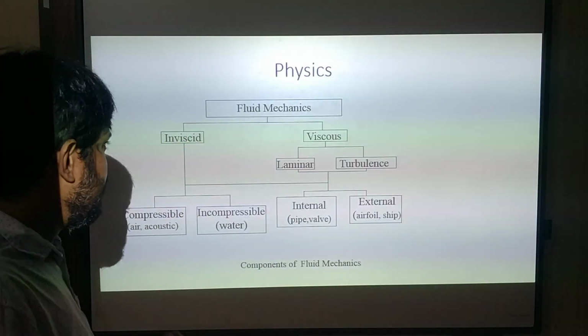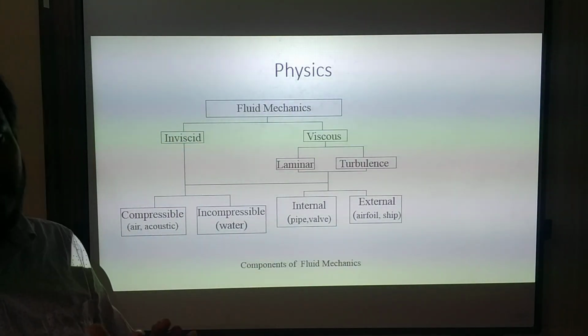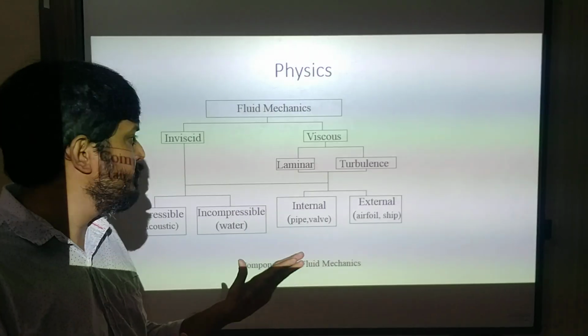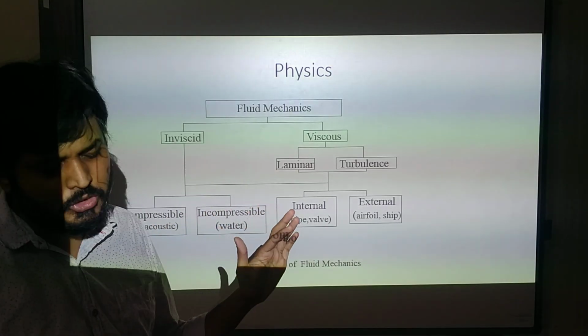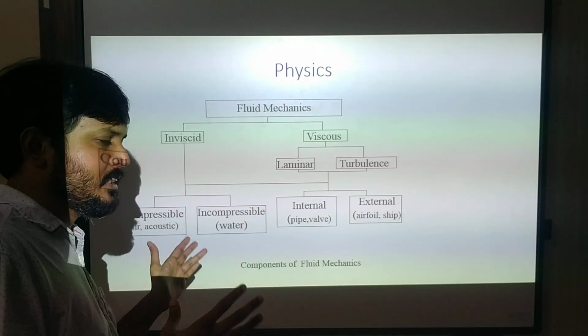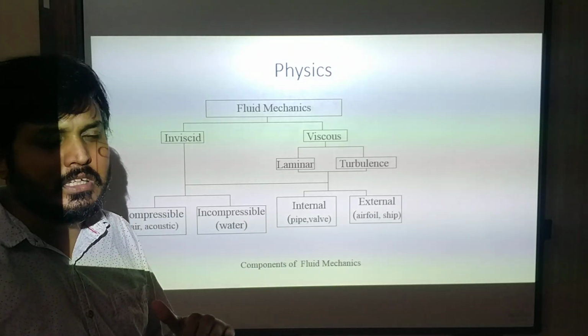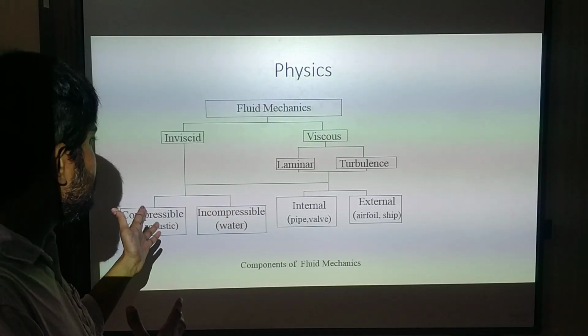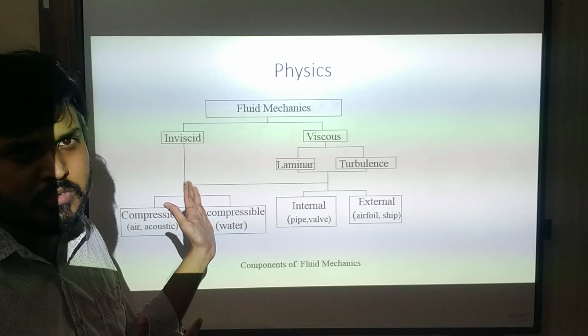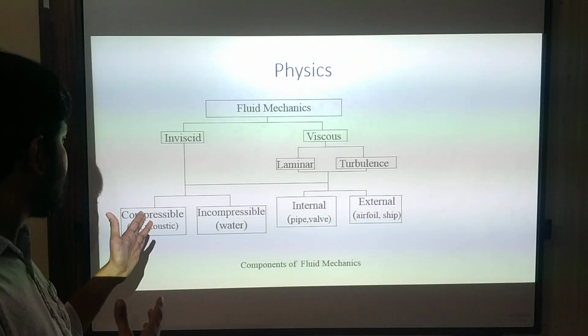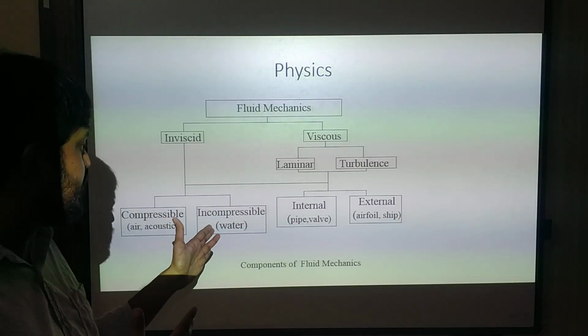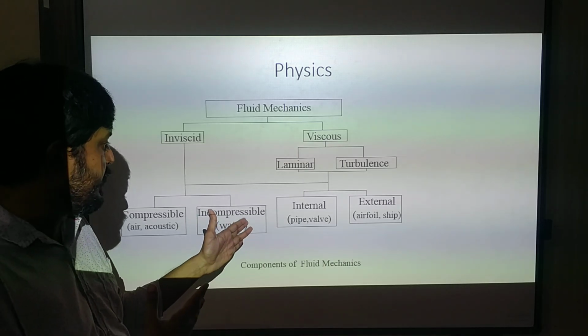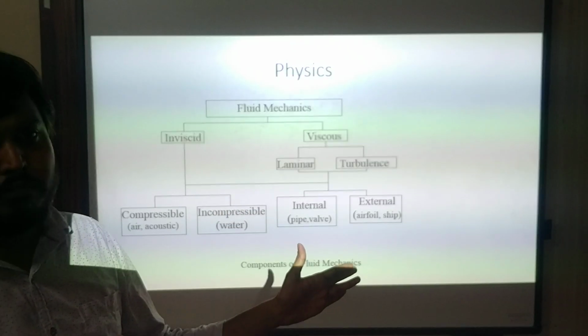Next important physics. If we discretize fluid mechanics, it will be viscous and non-viscous, and compressible and incompressible also. It is on the basis of viscosity, so it is inviscid or viscous. Inviscid means non-viscous. In viscous flow, compressible, incompressible. Then there is internal type of flow and external type of flow.